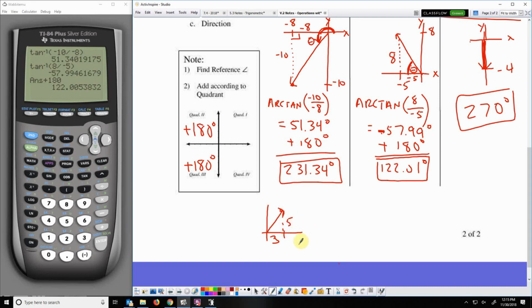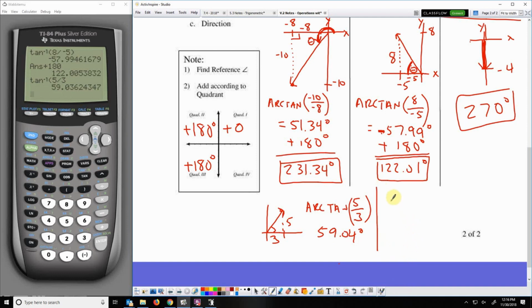I would be doing arctangent opposite over adjacent, 5 over 3. So second tangent, 5 over 3, and I get 59.04 degrees. And that makes sense in this first quadrant. So here, I do nothing to it.